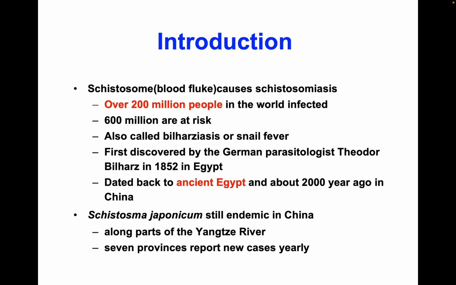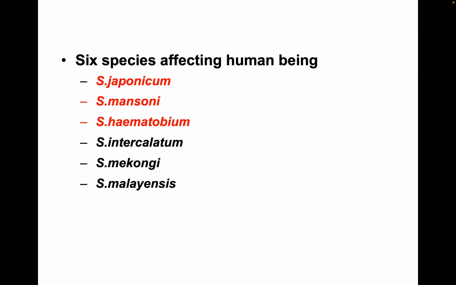There are many species of schistosome, and Schistosoma japonicum is usually found in Asia, in many countries, and in China it was also found. There are 6 species affecting human beings, and the first three are the most medically important ones.